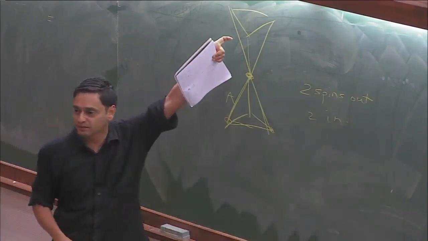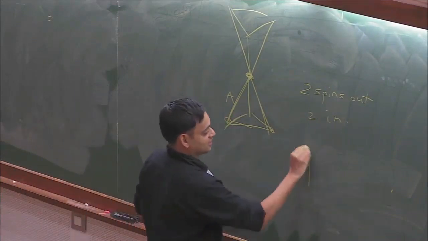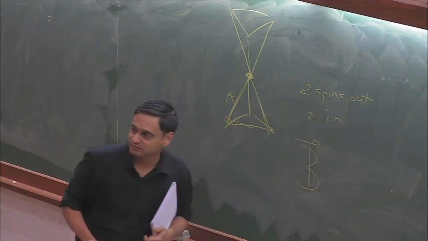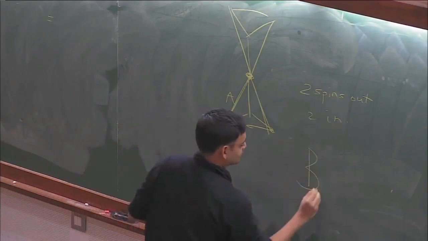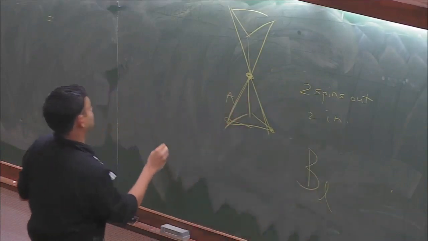Same thing on the B. So you can now define a fake magnetic induction, which again lives on links of the dual lattice, which is in this case a diamond lattice.